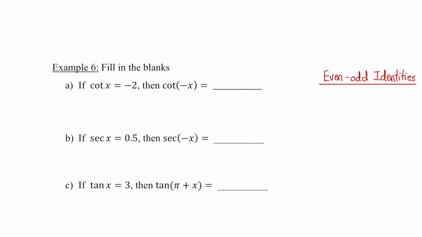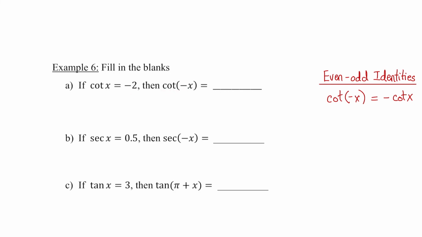Cotangent is an odd function, so cotangent of negative x equals negative of cotangent x. So whatever cotangent x is, cotangent of negative x is the negative of it. Cotangent x is negative 2. Cotangent of negative x is negative of the negative 2.